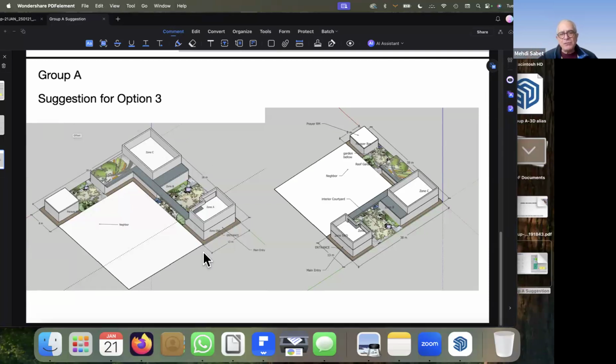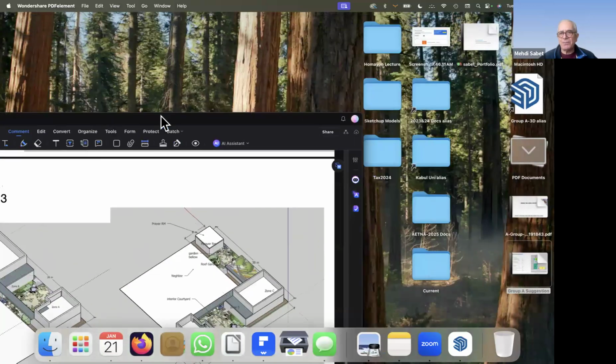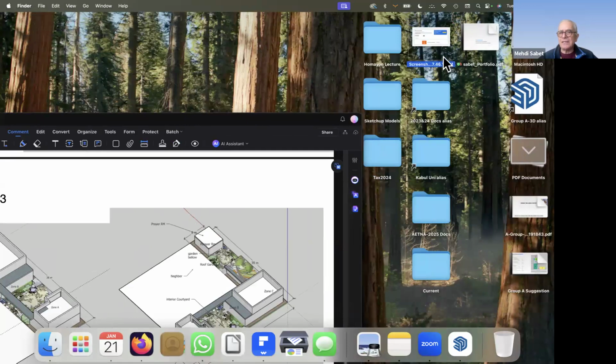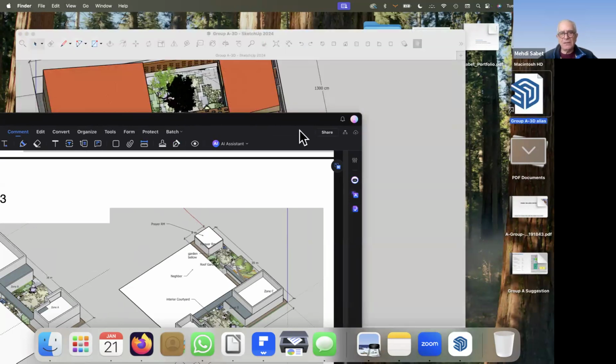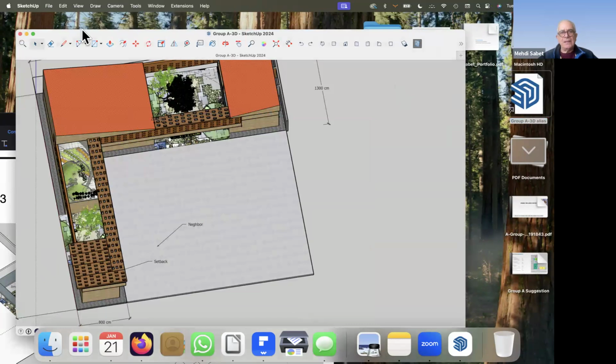So this is pretty much what I came up with, and I'm going to show you a SketchUp version that indicates the three-dimensionality of this building. If I can open it, there we go.